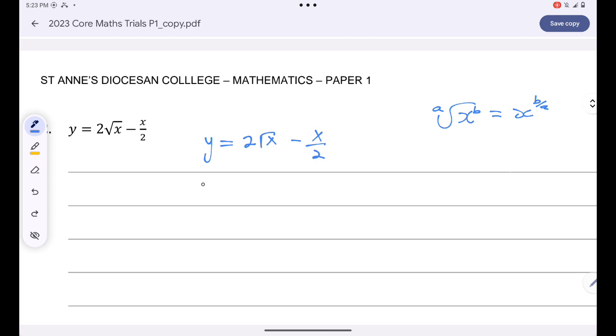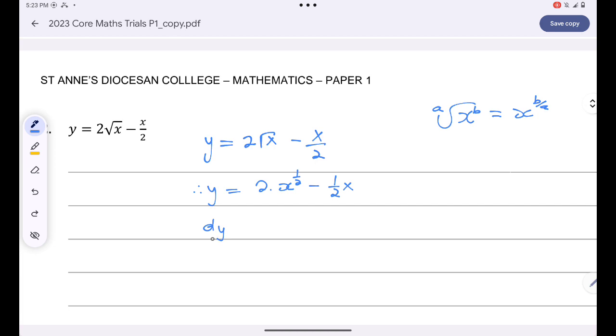Are we together? So therefore, y is equal to 2 multiplied by x to the power half minus x all over 2. Or this thing can also be written as minus 1 over 2 multiplied by x. It's one and the same thing. Yeah? And then I can simplify my derivative.